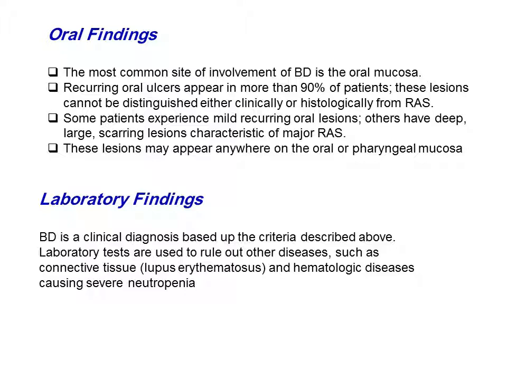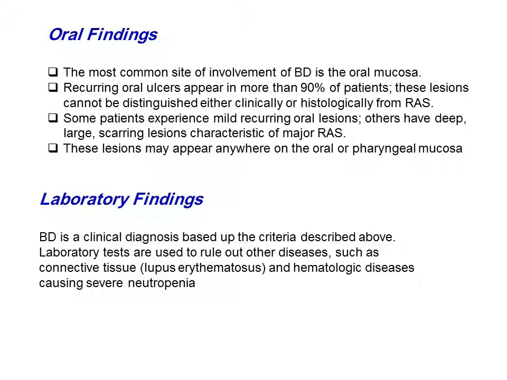These lesions cannot be distinguished from recurrent aphthous stomatitis clinically or histopathologically. Some patients experience mild recurring oral lesions, others have deep large scarring lesions similar to major recurrent aphthous stomatitis. These lesions may appear anywhere in the oral cavity or pharyngeal mucosa.